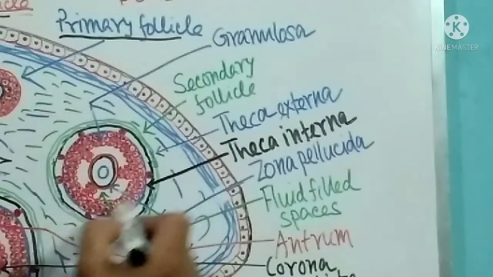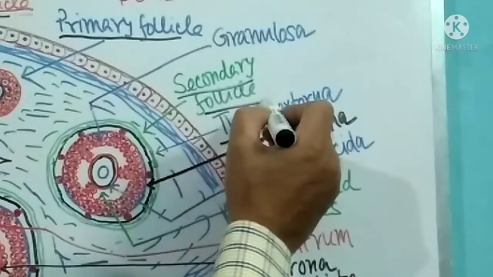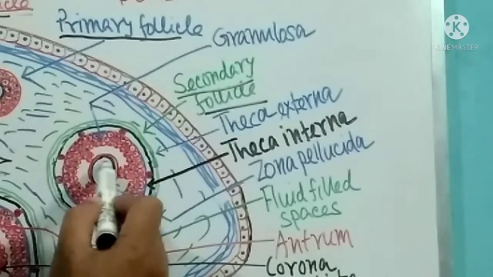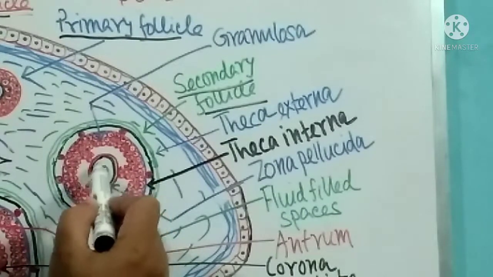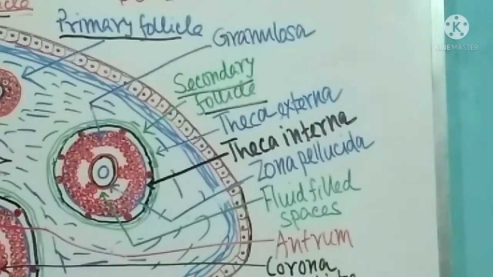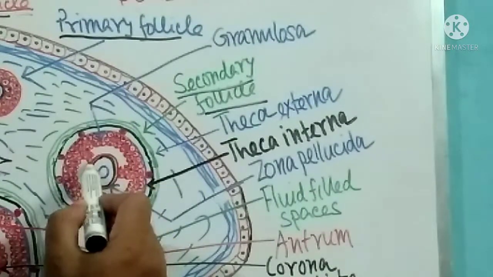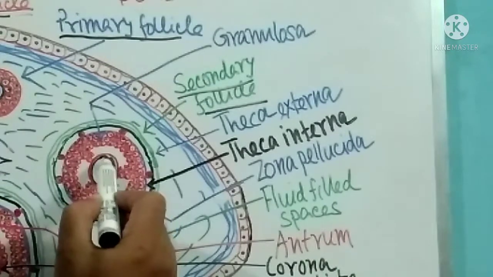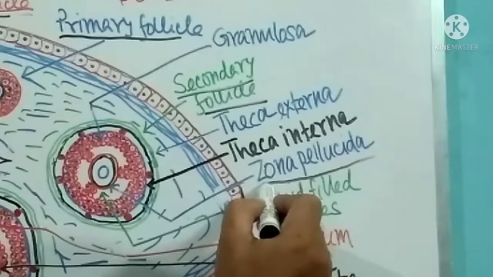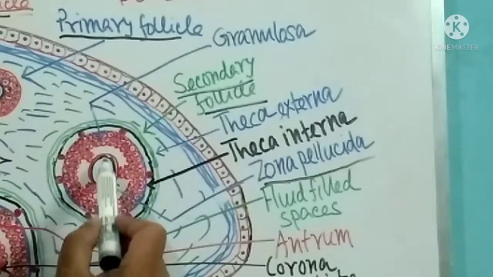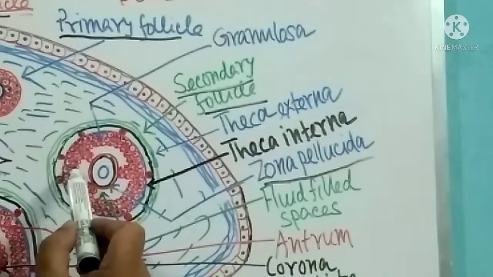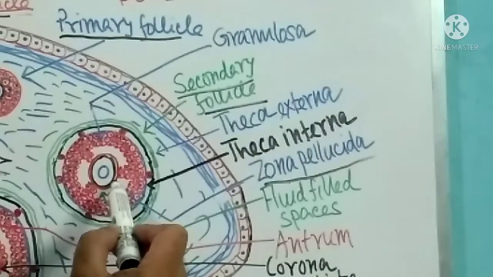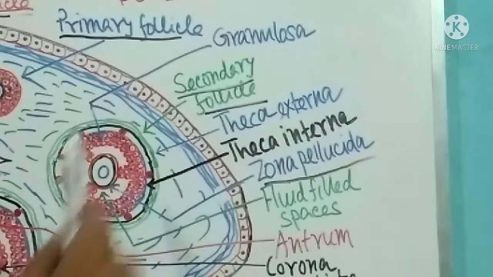This is secondary follicle. Here maximum enlargement of oocyte takes place. This is oocyte, and zona pellucida, this layer marked here with red color, which separates oocyte from follicular cells or granulosa, is clearly seen here.